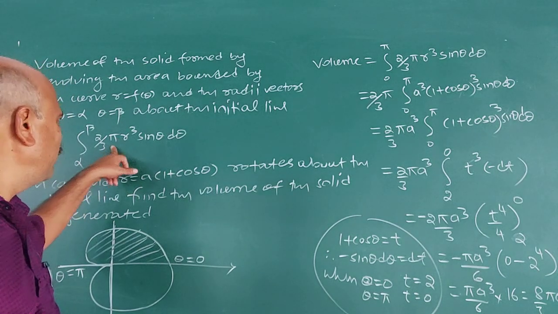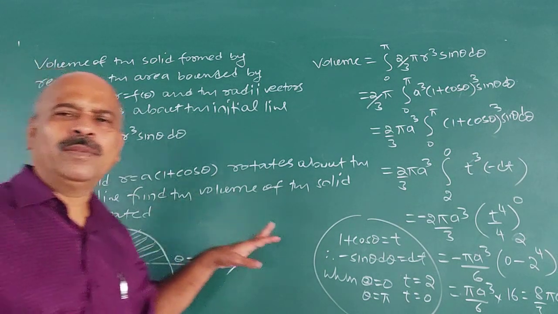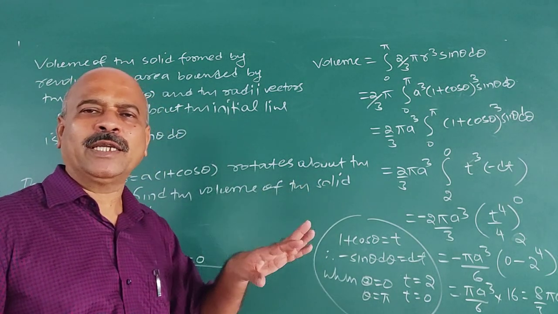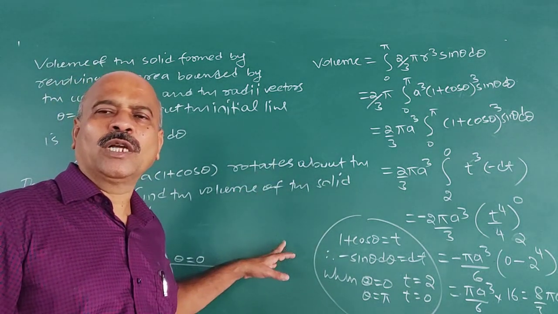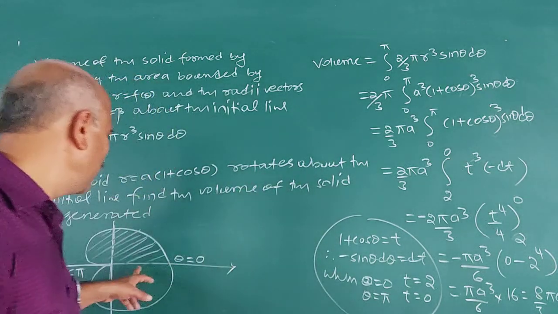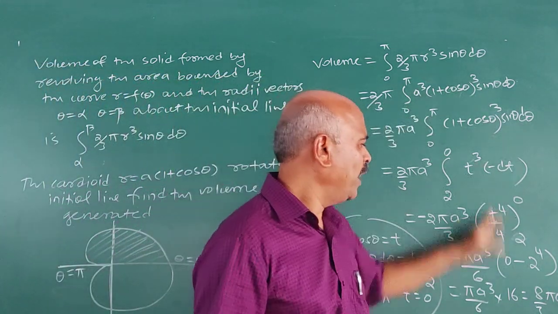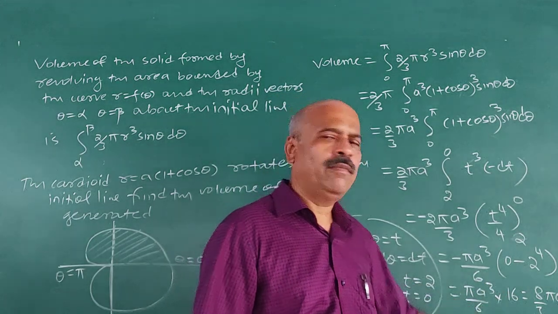It is the polar form: 2 by 3 pi r cube sin theta. And the standard curves will appear. You have to go through the standard curves and remember them. You need not write in detail about the curve. Directly take the curve here, and if you know the limits, that is sufficient. Evaluation is like this. The final answer is 8 by 3 pi a cube.